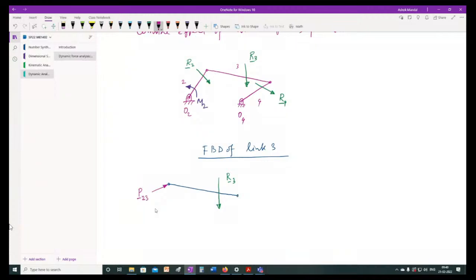Okay. That is why we are writing P23. Similarly, there is some force which is exerted by this link 4 on link 3, and suppose that force is this one, P43.